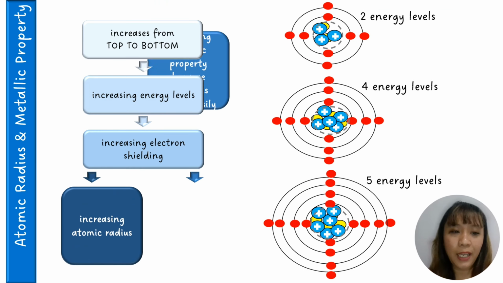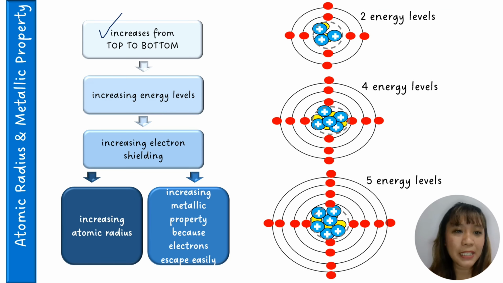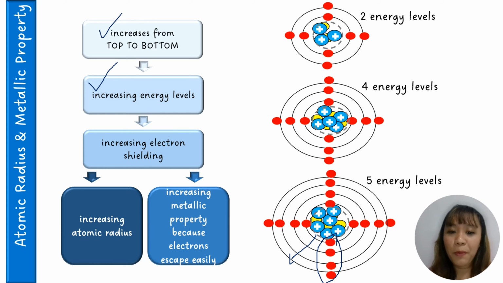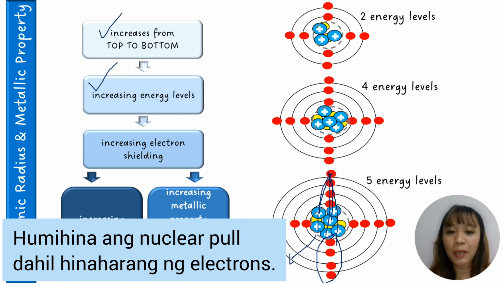Let me explain how atomic radius and metallic property increase from top to bottom down a group. First is because of the increasing energy levels. They have many energy levels. That's why there are more electrons inside. Remember, the valence electrons are pulled inward by the protons. That's what you call the nuclear pull. But because there are so many electrons inside, the nuclear pull can be blocked by these electrons.